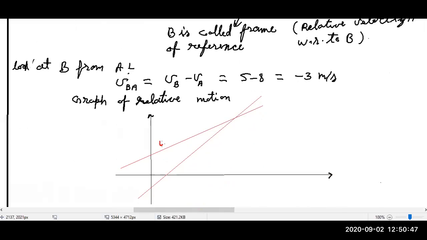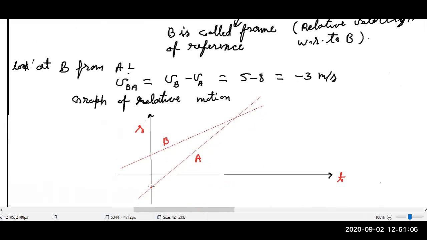So this is B, VB. We are drawing the position time graph for the two objects. So this is for B and this is for A.